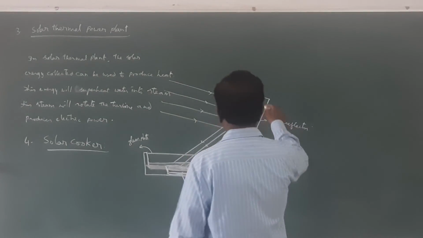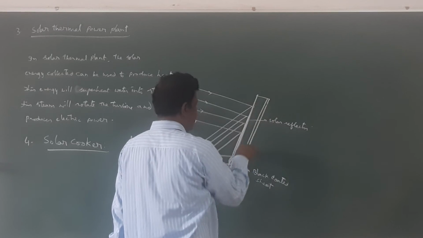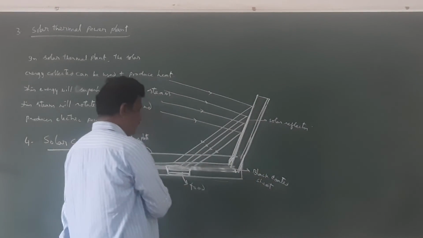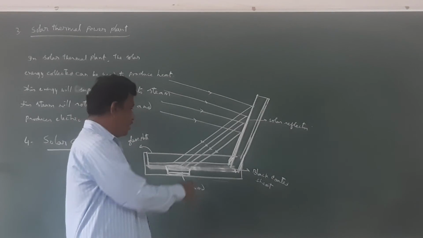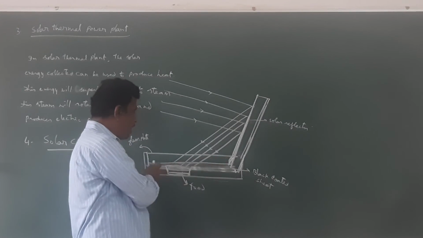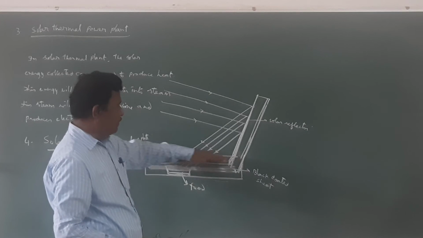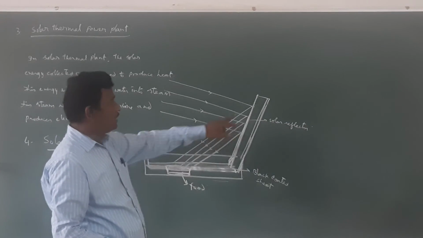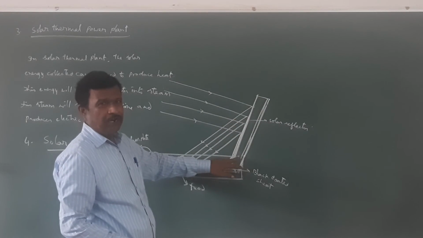This solar cooker is dominantly a wooden box covered with a metallic sheet, and at the bottom there will be a glass plate covering the wooden box, and there will be another reflector, a solar reflector.